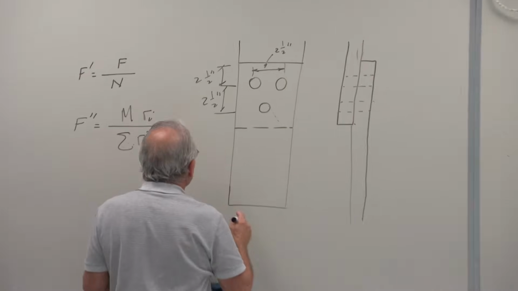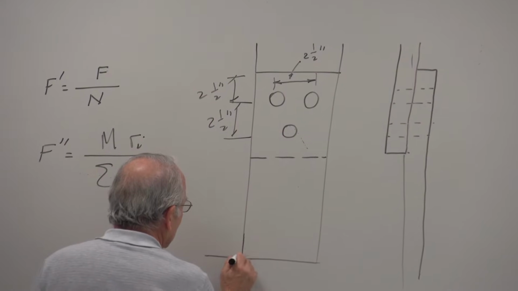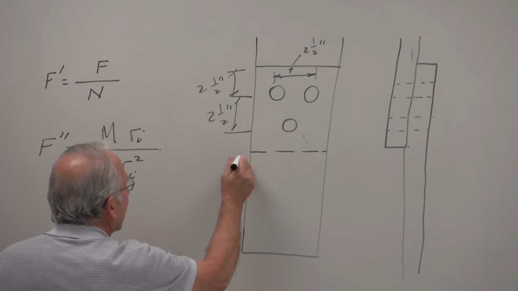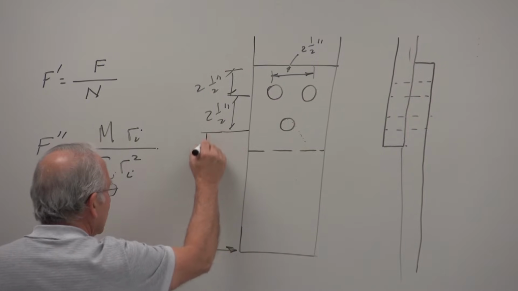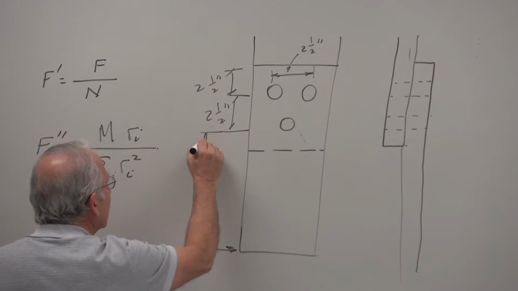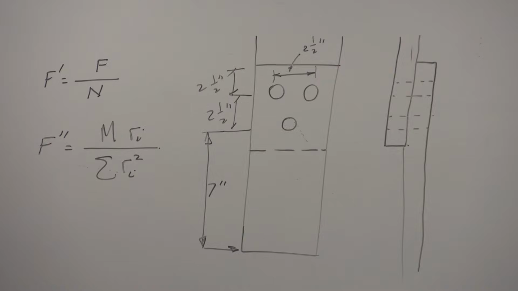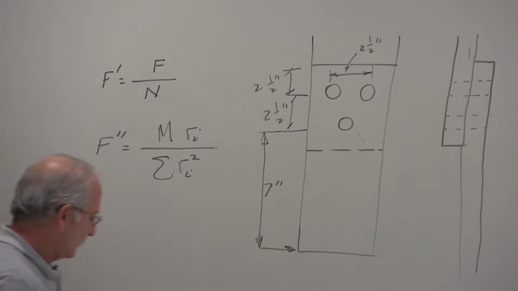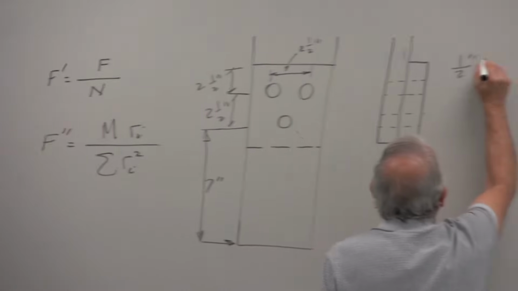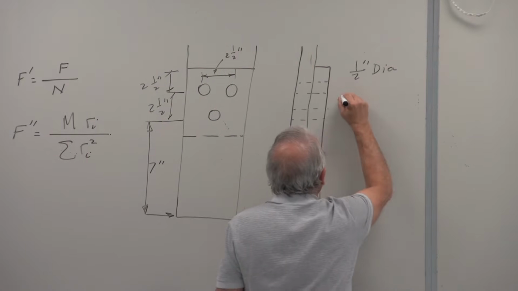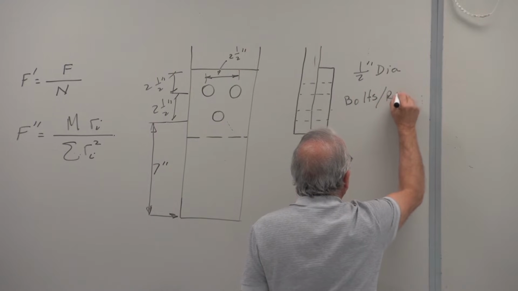These are 1/2 inch diameter bolts. And this force from the first bolt here, 7 inches. 1/2 inch diameter bolts or rivets, whichever.